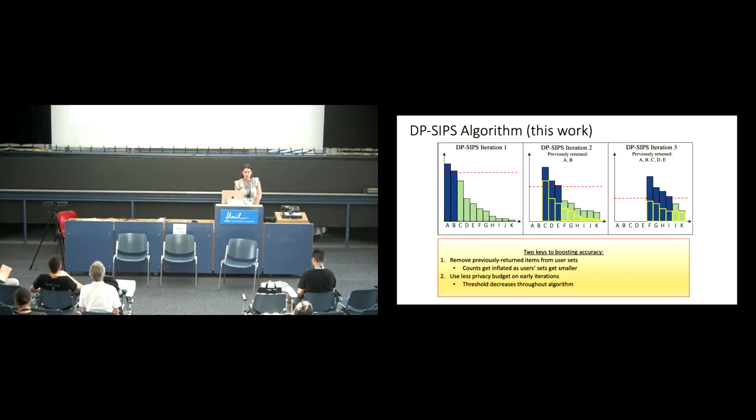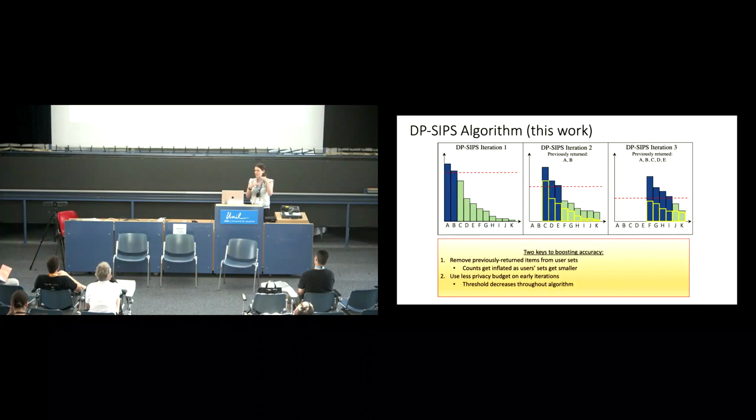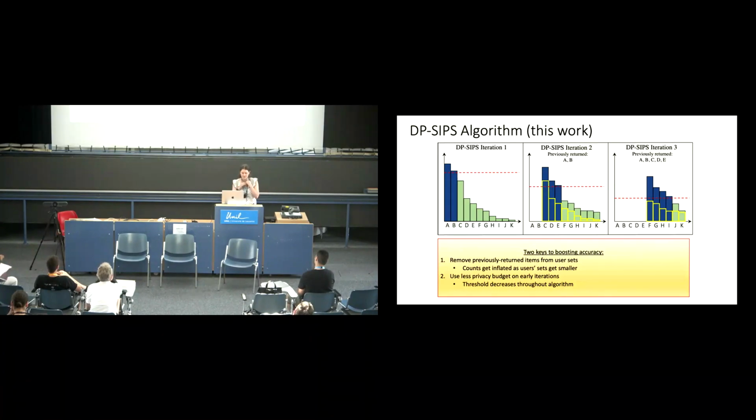Okay, so there are 2 key ways that this algorithm boosts accuracy over just the naive approach. The first is that we're removing the previously returned items from user sets, which means that the user's counts can go up as the iterations proceed.